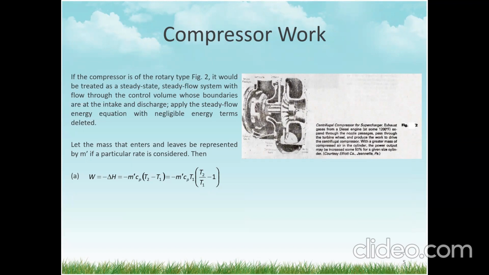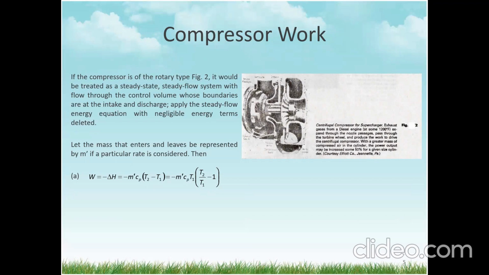Apply the steady flow equation with negligible energy terms deleted. Yung mga potential, wala yan. Kinetic energy. Let the mass that enters and leaves be represented by m prime if a particular rate is considered.